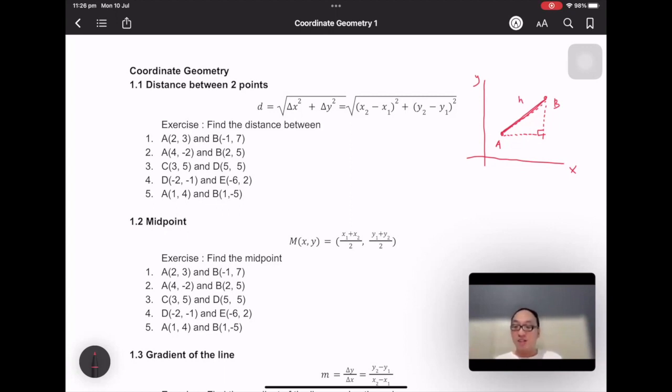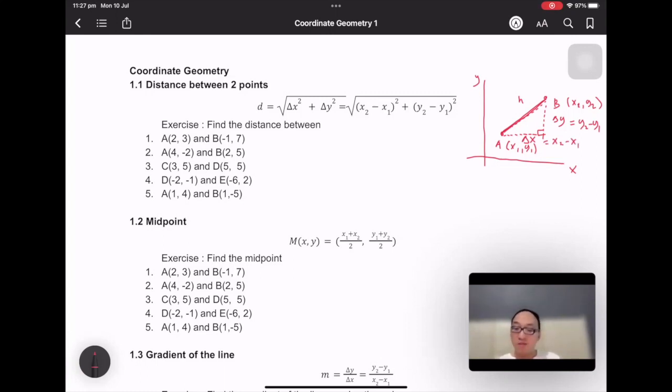The height of the triangle is the change of y coordinates. Of course, the coordinates of A are x1 and y1, and the coordinates of B are x2 and y2. So the height of the triangle is delta y, or y2 minus y1, while the base of the triangle is the change of x, which is x2 minus x1.